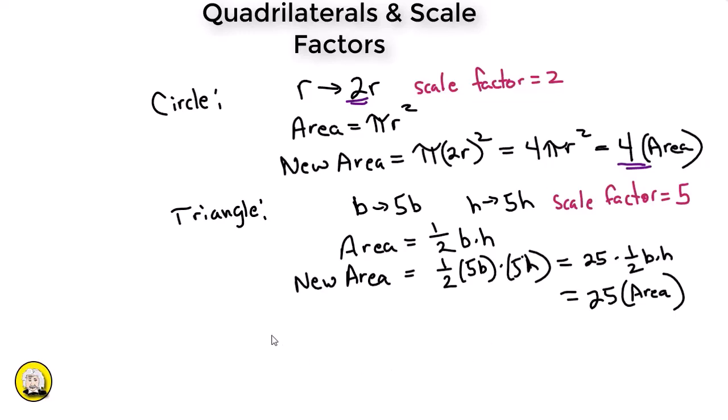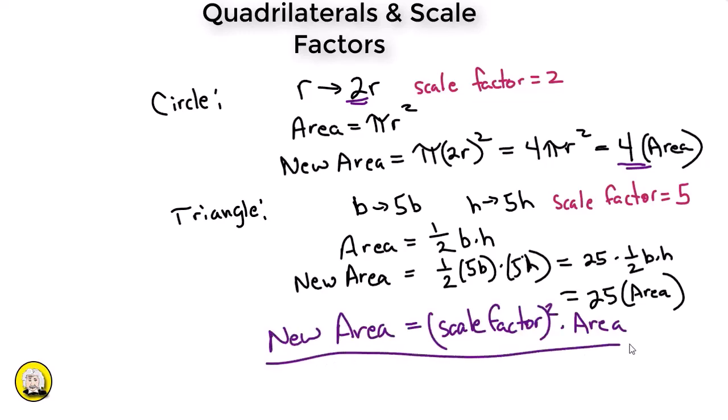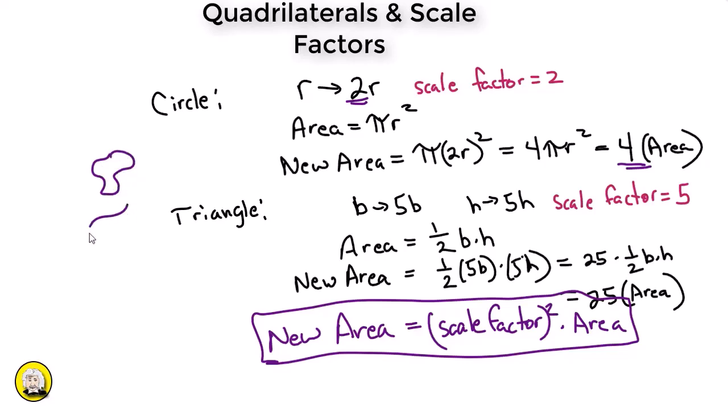So regardless of the shape, the relationship still holds. A new area will always be the scale factor squared times the old area whenever we scale lengths for any shape, a circle, a triangle, or a quadrilateral, or lo and behold, even if I had this funky blob of a shape, and I doubled the basic dimensions of that funky blob of a shape, I would have something that is 4 times the original area.